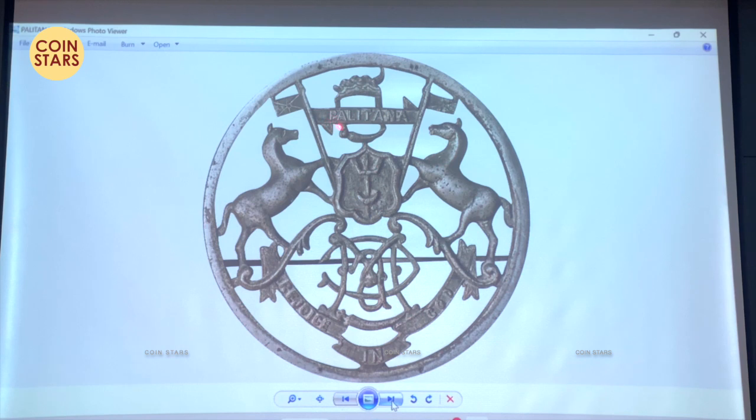This is Palitana in Gujarat. Very famous for Jain Tirthankars. Jains' very big pilgrimage place. The slogan reads rejoice in God and Trishul here.